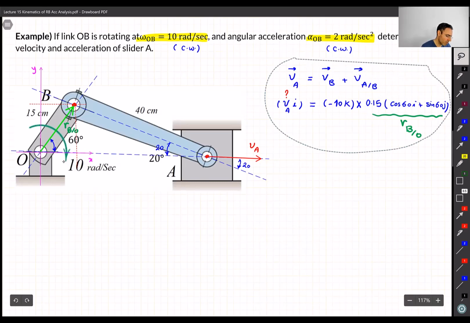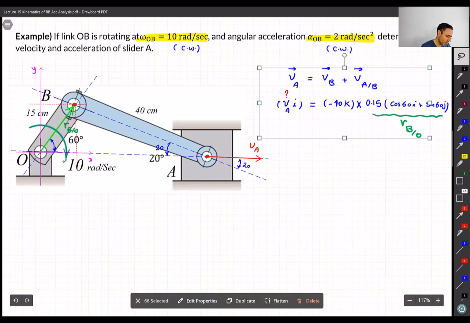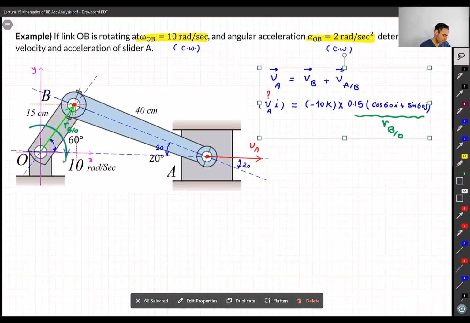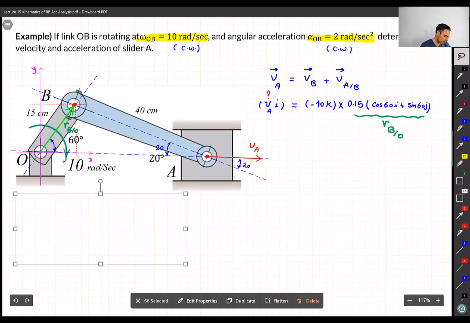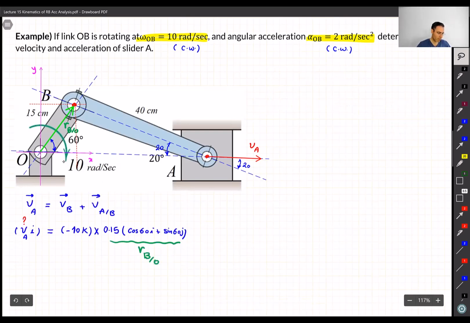Let's move all of this stuff a little bit over here. Or maybe why not bring everything over here. Okay, and then we have the other one, VA with respect to point B. So what is VA with respect to point B?